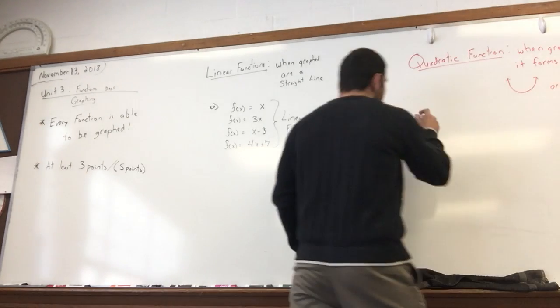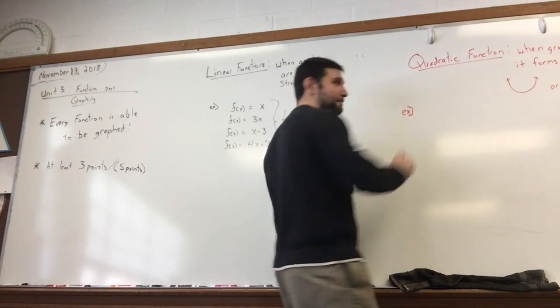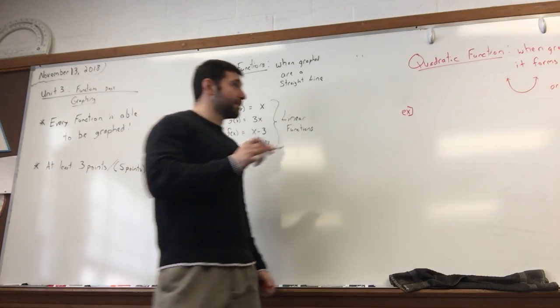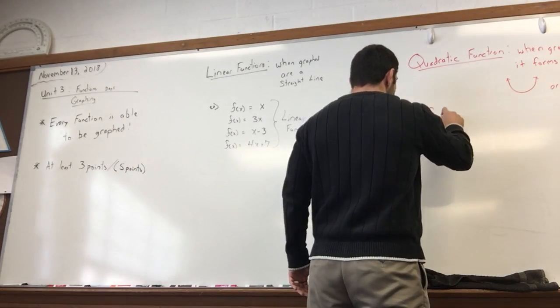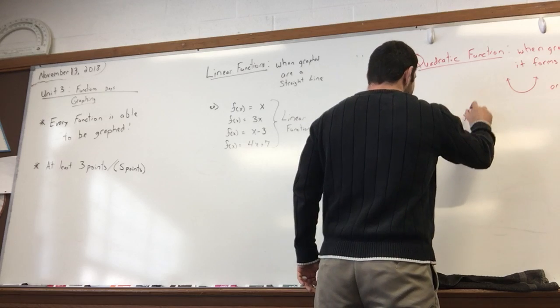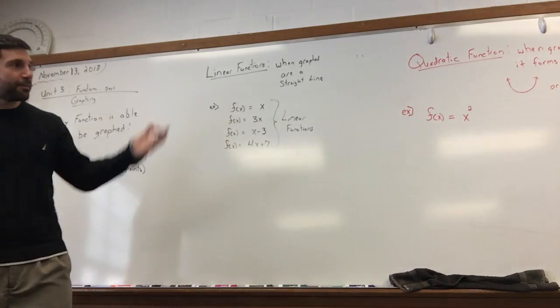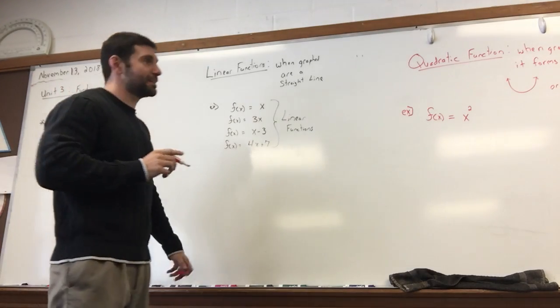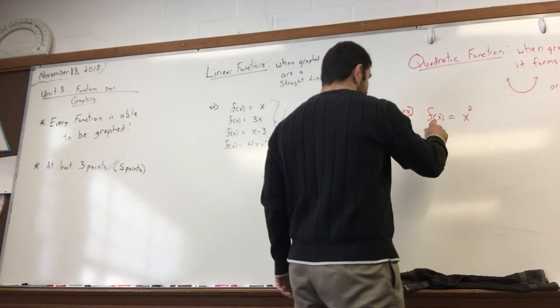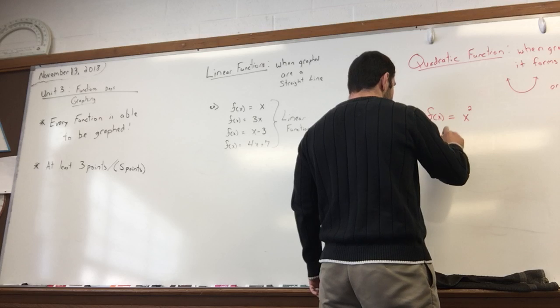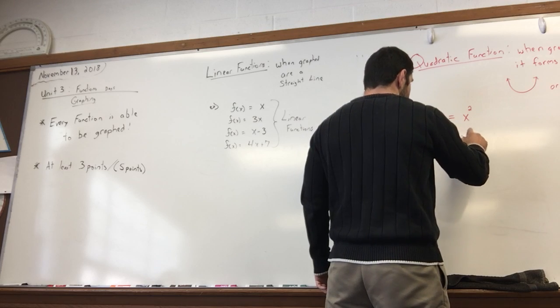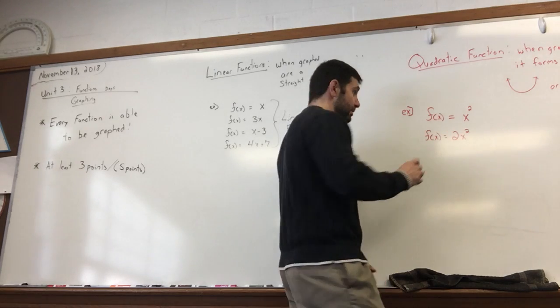Now, what are some quadratic functions? Quadratic functions, plain and simple, is anything with x squared. If that's my largest exponent, it is a quadratic. So f of x equals x squared. F of x equals 2x squared.